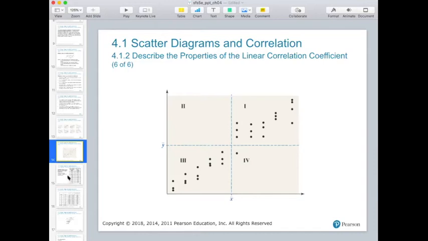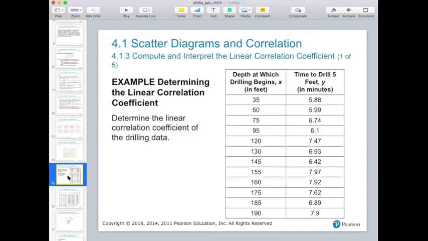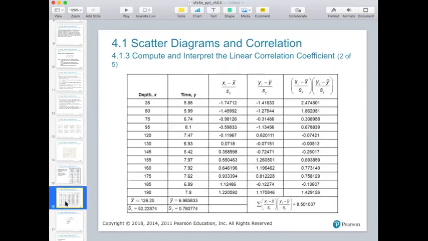Okay, so let's go back to the data that we were looking at earlier. Here's the same chart with the same information. Hopefully you've got that in your calculator still. They want us to determine the linear correlation coefficient of that drilling data. Now, if we were doing this by hand, look at this table that they've created. They didn't necessarily do it by hand.